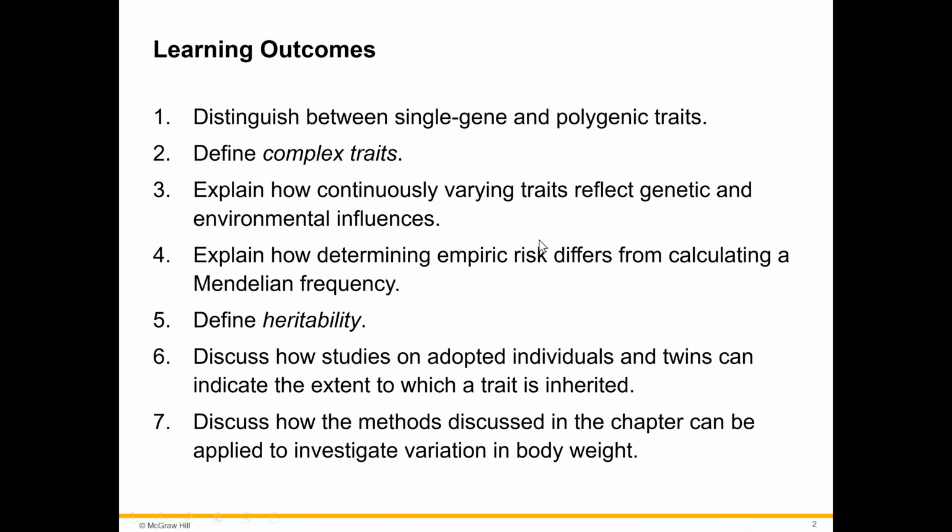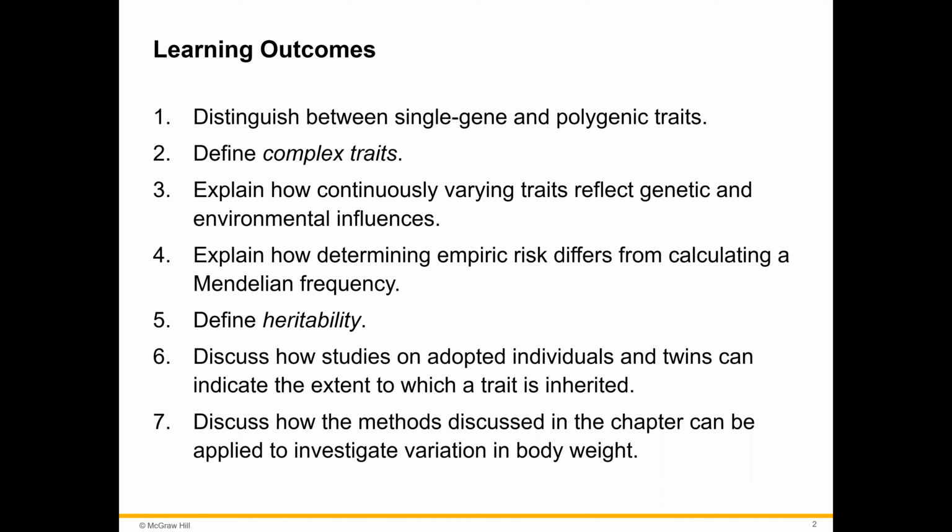So learning outcomes for this chapter. Distinguish between single gene and polygenic traits. Define complex traits. Explain how continuously varying traits reflect genetic and environmental influences.